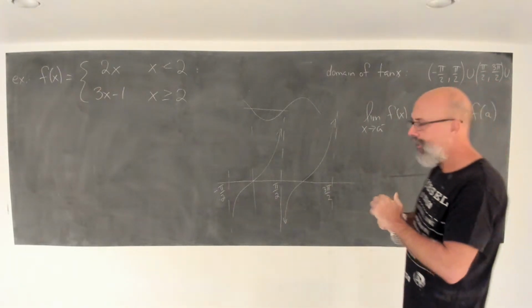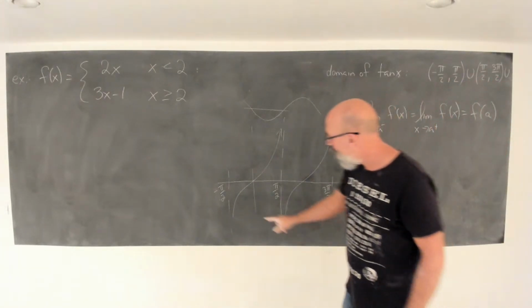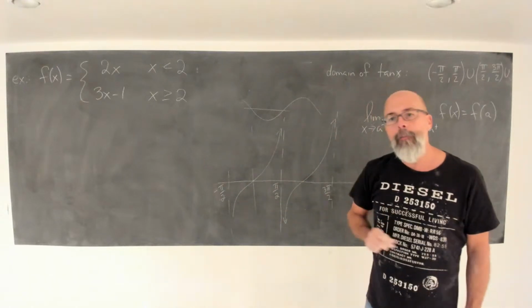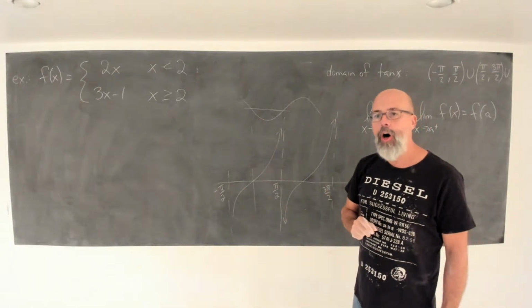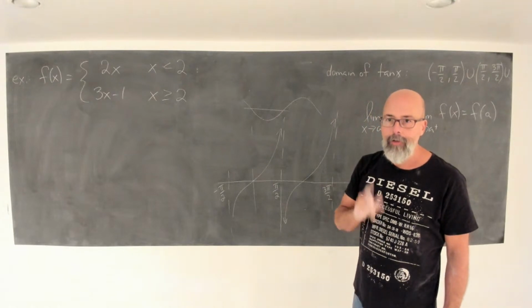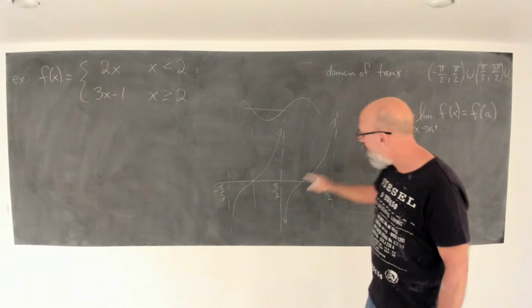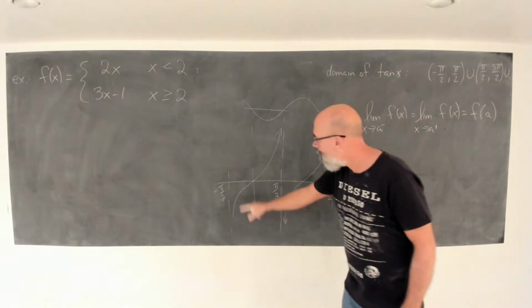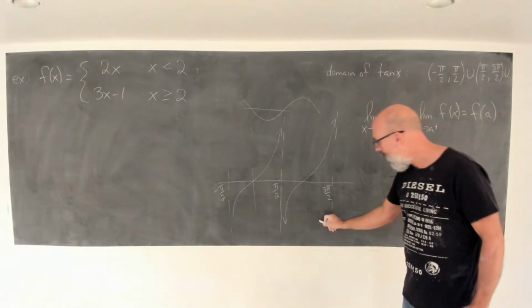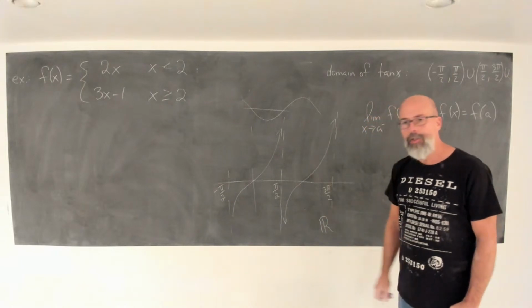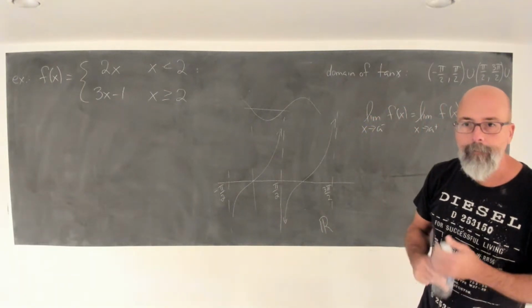So someone's asking, tangent x is not continuous. And according to the book, we would not consider it to be continuous. That's correct. It would not consider it to be continuous because you cannot graph it without lifting the pencil from the paper. It would not be continuous on the whole real line.